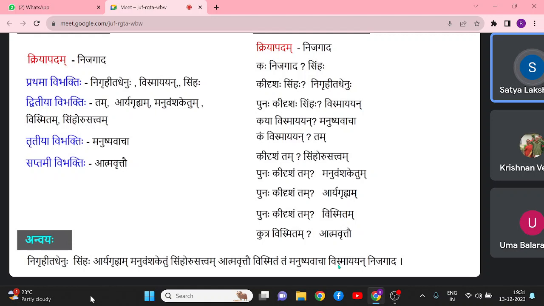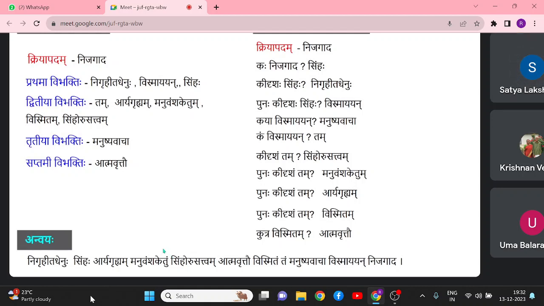Vismayayan, Visma, Vismi, Vismitam, both are there. And then Atma Vrittau, Sattvam, Simhoru Sattvam and Simha. Simha and Simha, here also there is Simha. So Chetanuprasa.